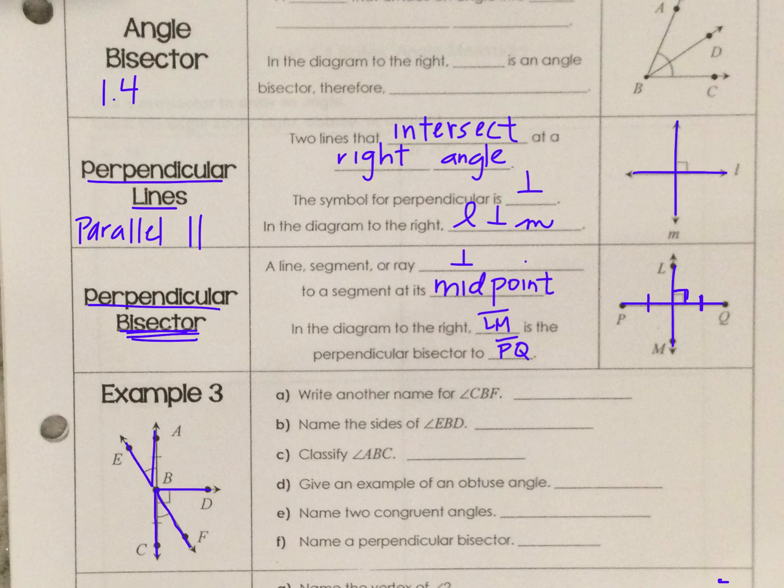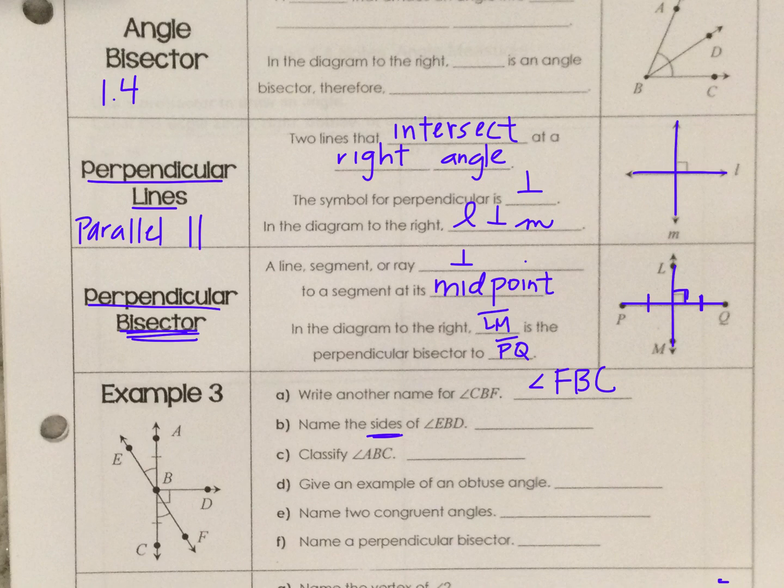There's an angle B, there's an angle B, so that won't work. So I'm just going to have to trace it backwards. So I can start here and go that way. So another name for it would be angle FBC.